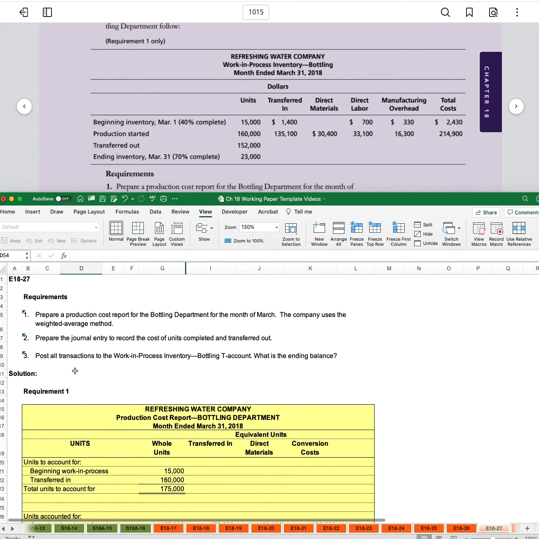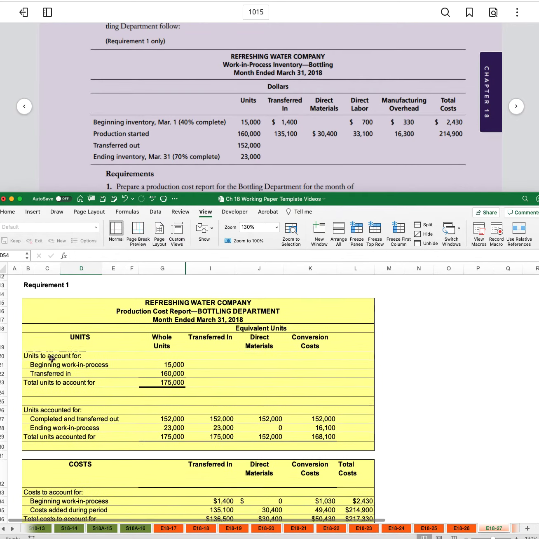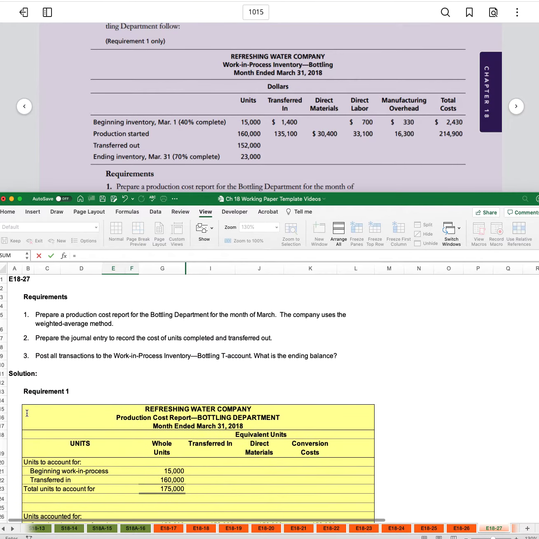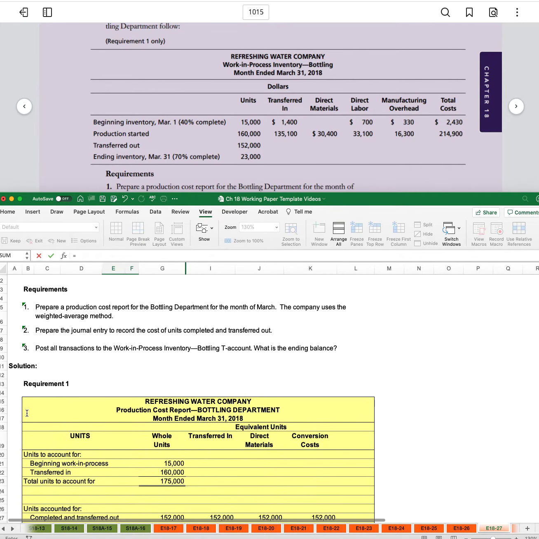And then requirement 3 said post all the transactions to the WIP inventory bottling T account. What is the ending balance? So come down here. We'll start with our beginning balance as of March 1. And that was, sorry, I should have said equal.